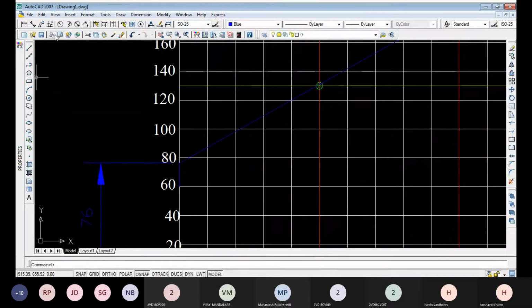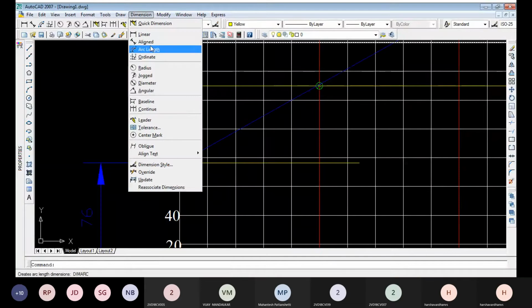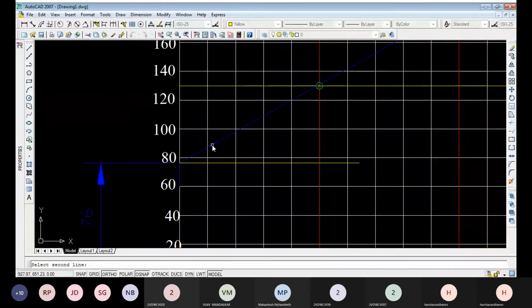Okay, I'll take a horizontal line here. If you have, we can measure it using a protractor. So I'll take a horizontal line measurement, angular measurement, between this line and the second line.